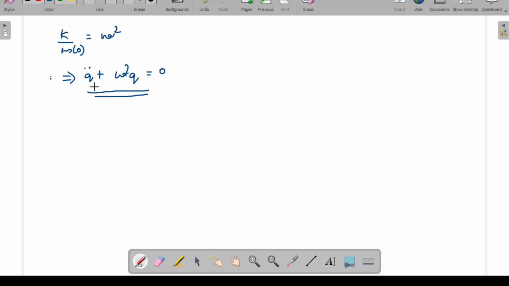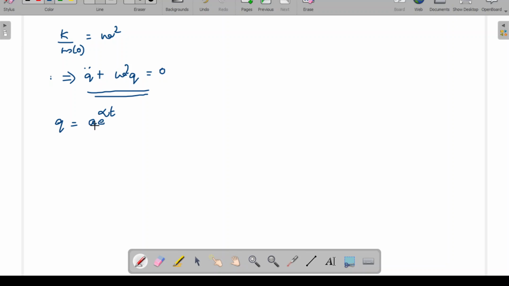Then, considering small oscillations, for solving such an equation further, normally we do it in this way. We assume a particular solution, and then find out for that assumption how it matches. So let me consider the solution for q as q is equal to a into e raised to alpha t.